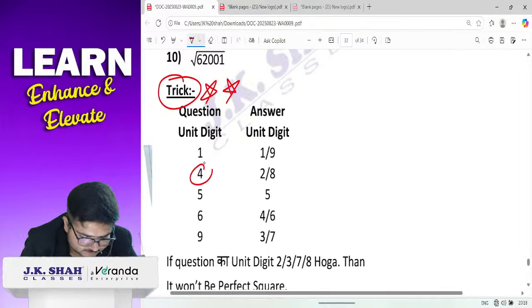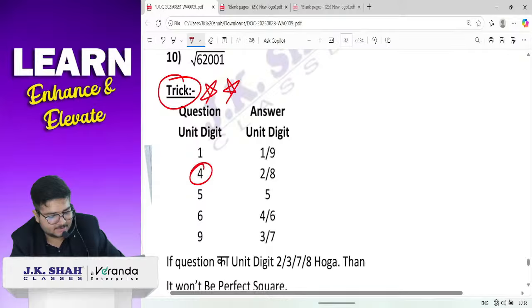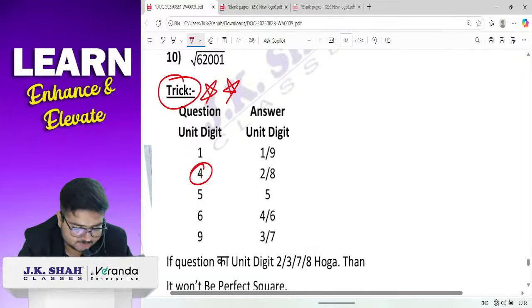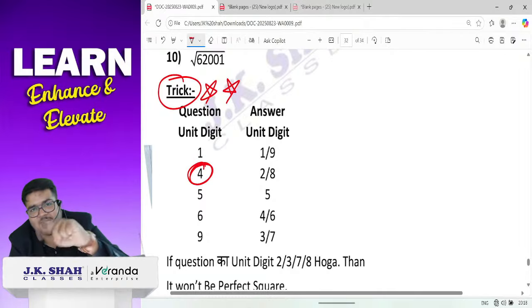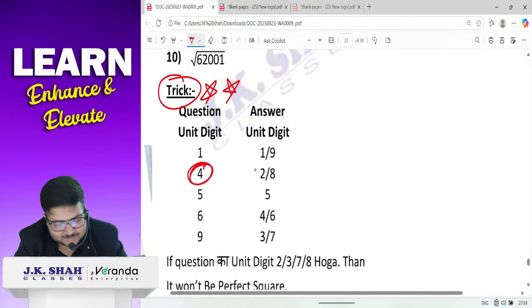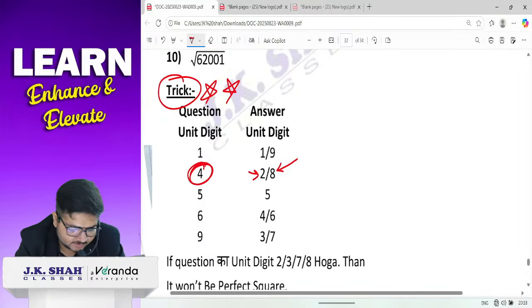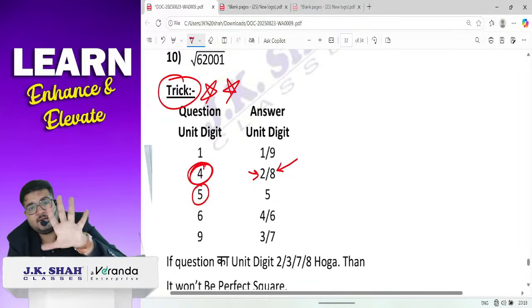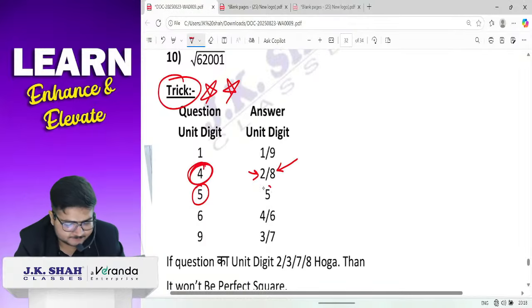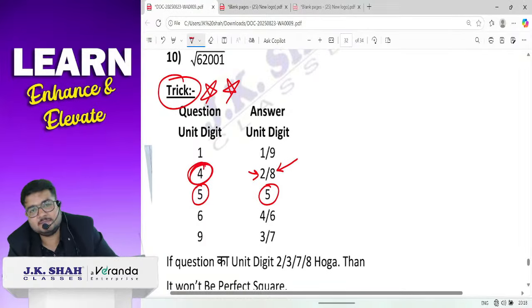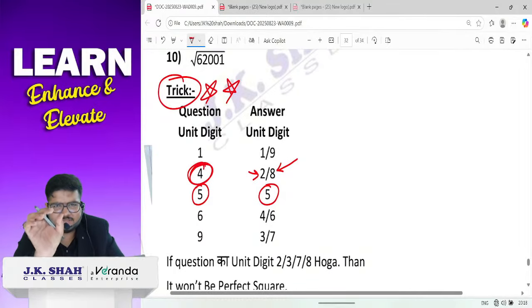If a perfect square has 4 in the ending, its square root will either have 2 or 8 as the unit digit. If a perfect square has 5 in the ending, its square root will have 5 as the unit place. Last digit will be 5.